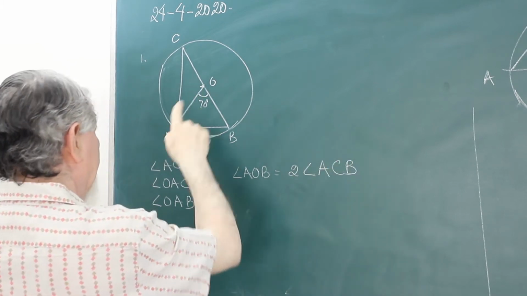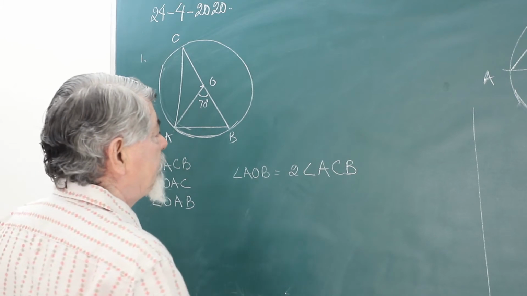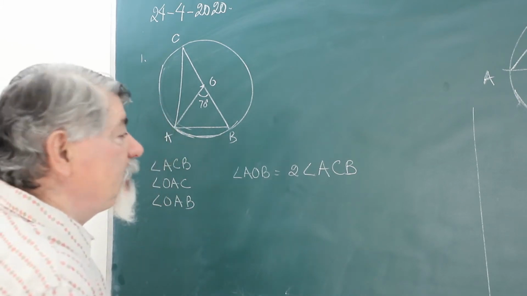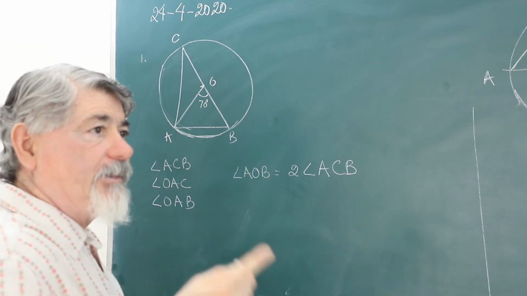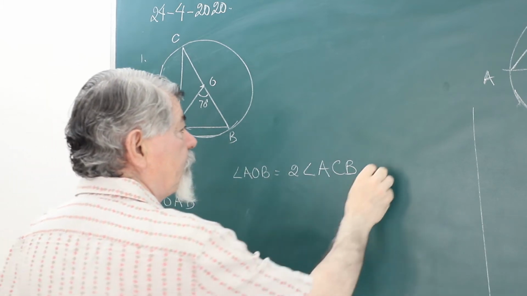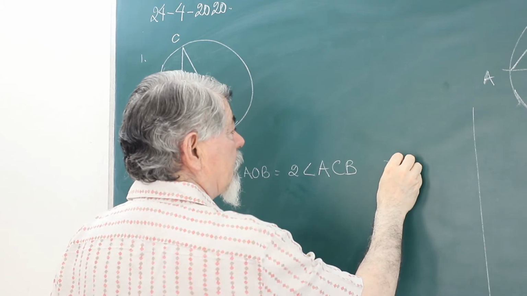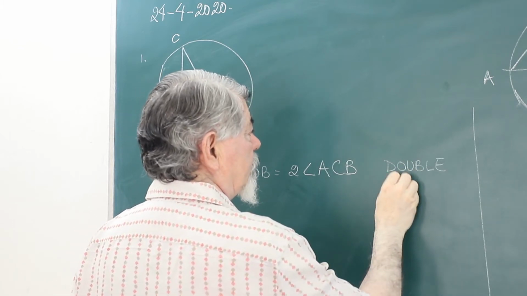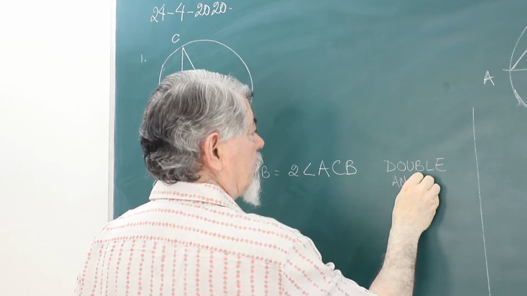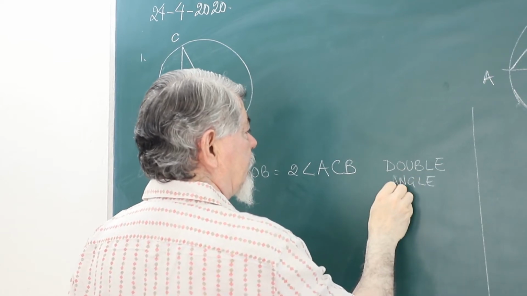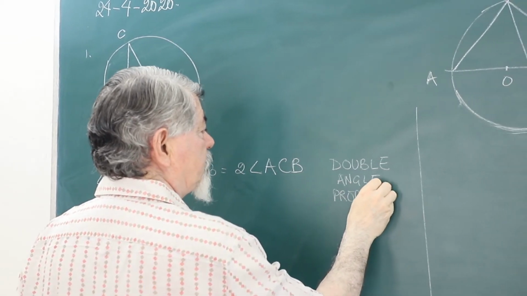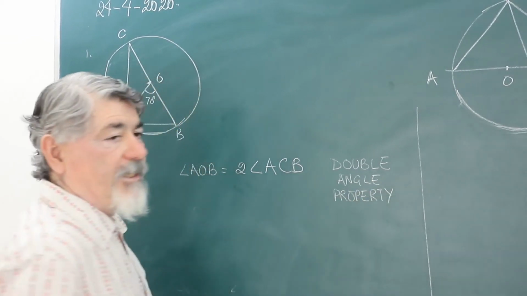The angle subtended at the center is double the angle which it subtends at the remaining part of the circumference. It is also the double angle property. Instead of writing the whole statement every time, I'll just say double angle property.